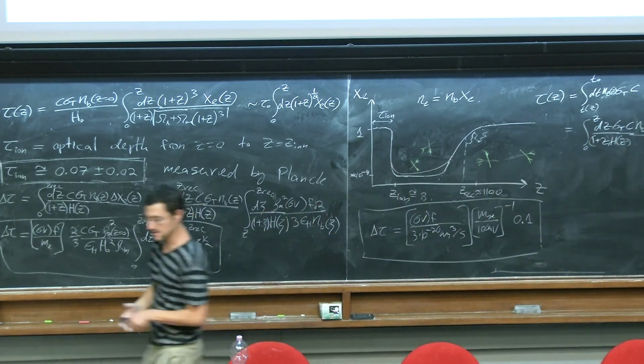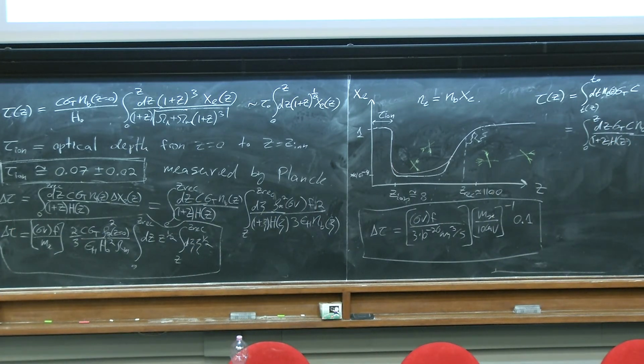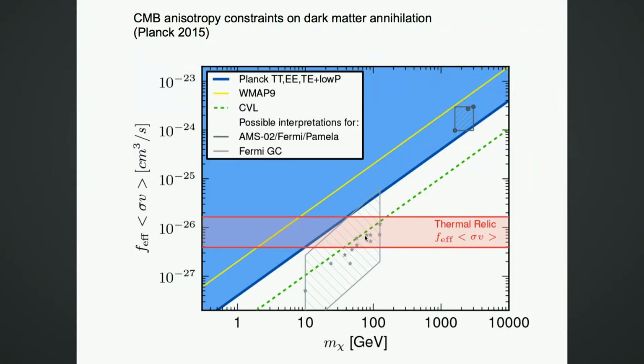So what the plot over there says is that all the region above this blue line is excluded by Planck. It excludes, at a given m chi, that coefficient, the velocity-weighted annihilation cross-section multiplied by f.